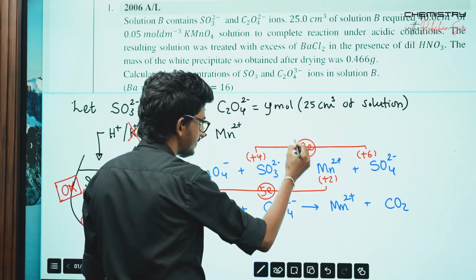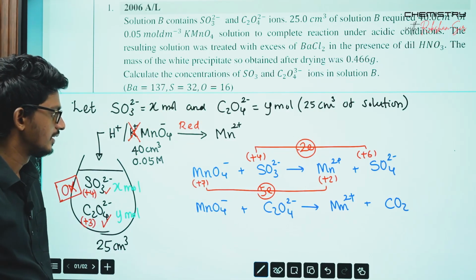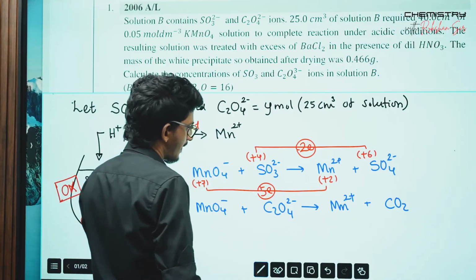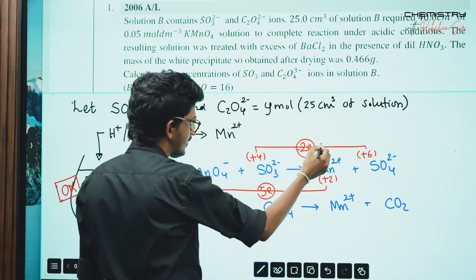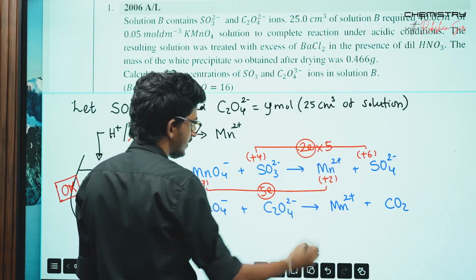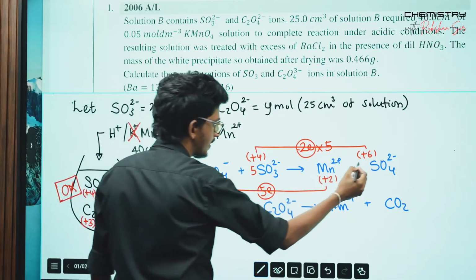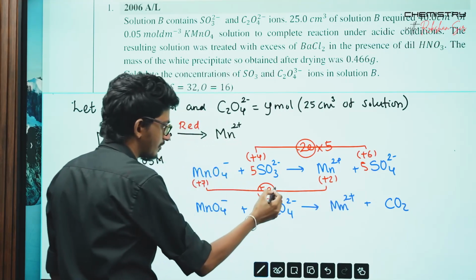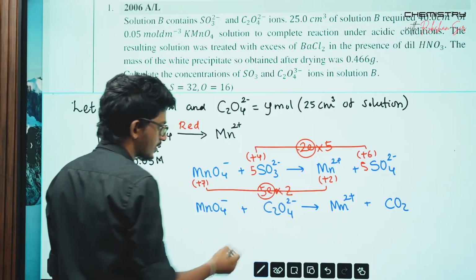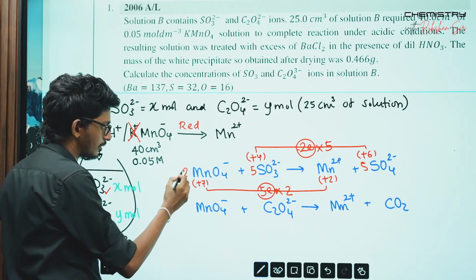The least common multiple is 10, so you need to multiply this by 5, and this half by 2, to come up with 10 as the least common multiple, right?